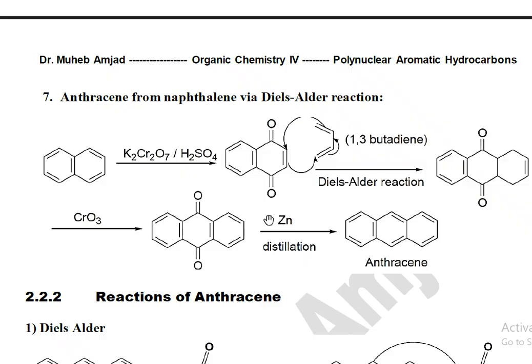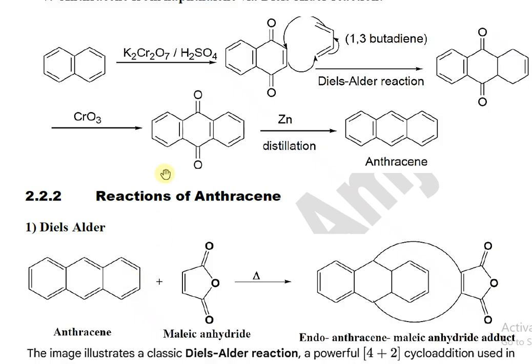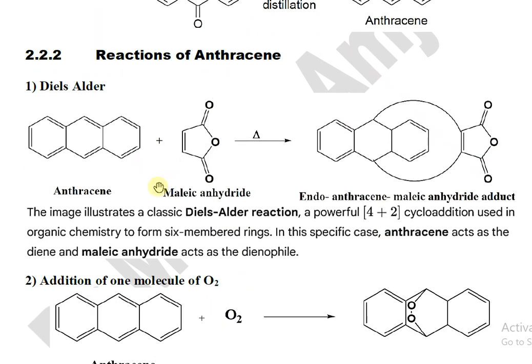Now we have to talk about the reactions of the anthracene. The first reaction of the anthracene is as a diene, reacting with a dienophile such as an anhydride compound.